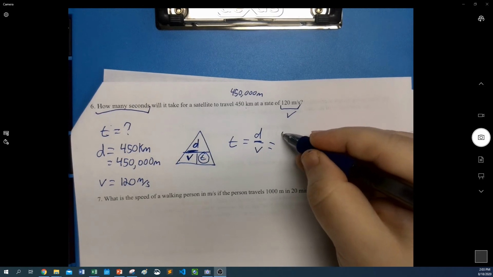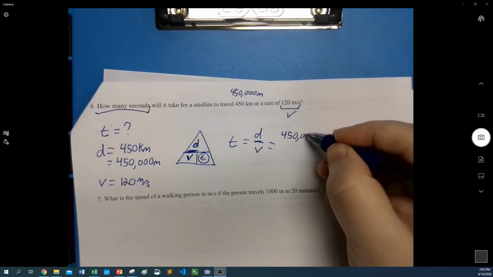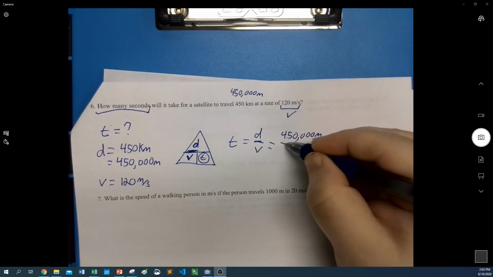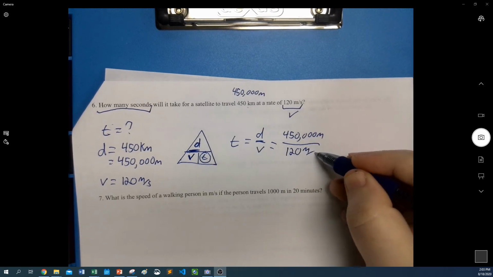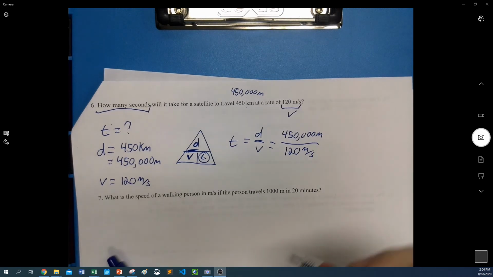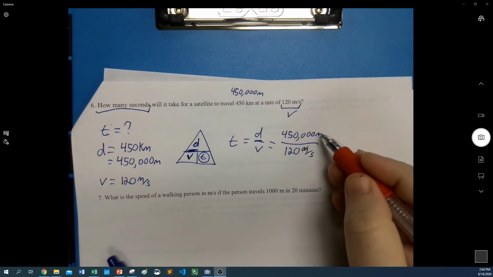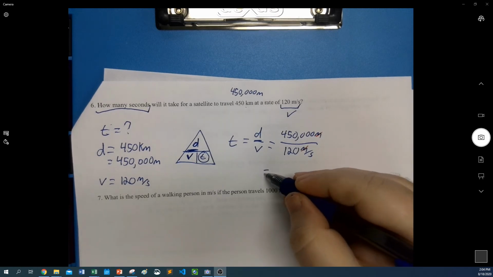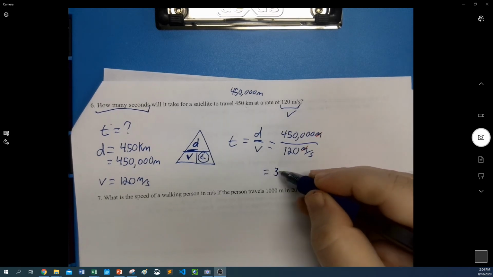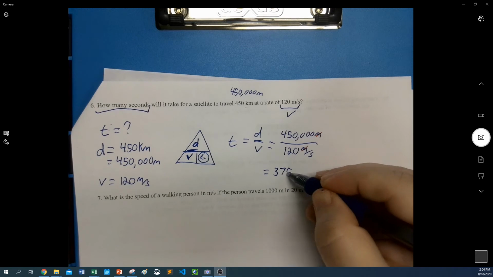So our distance was 450,000 meters divided by a speed of 120 meters per second. The meters will cancel out, giving us just seconds. Plugging that into a calculator, that's 3,750 seconds.